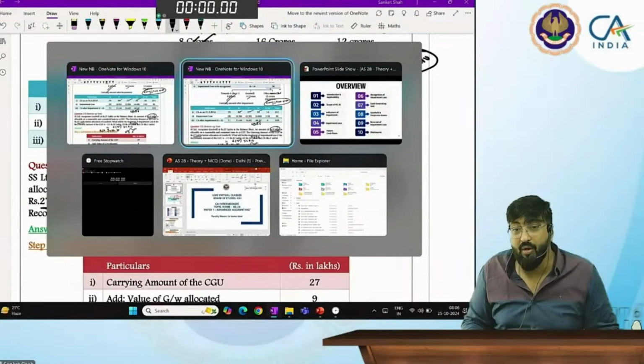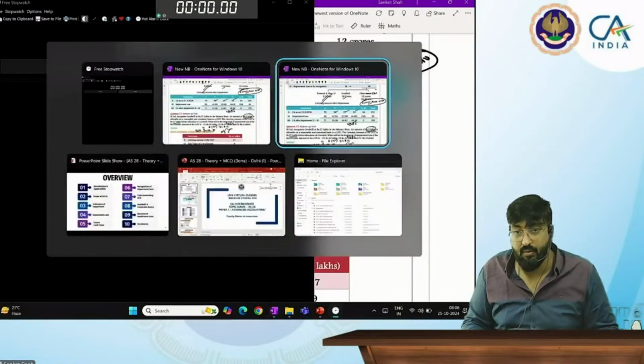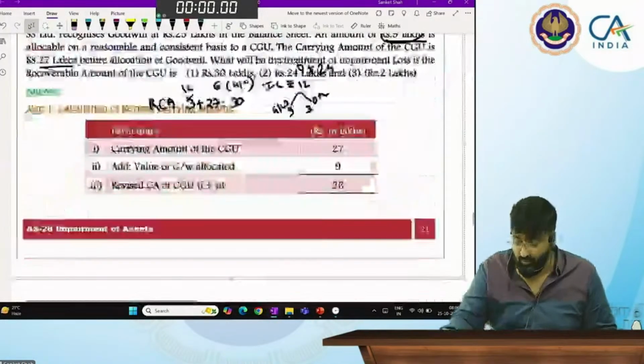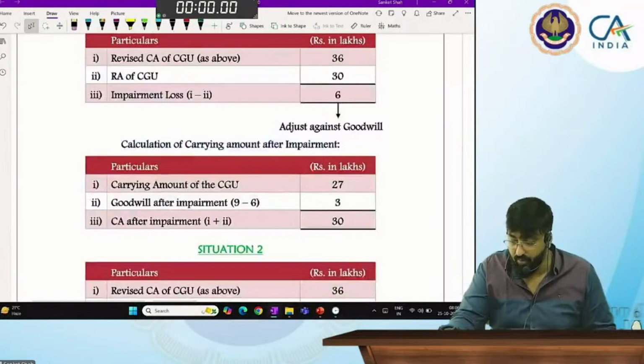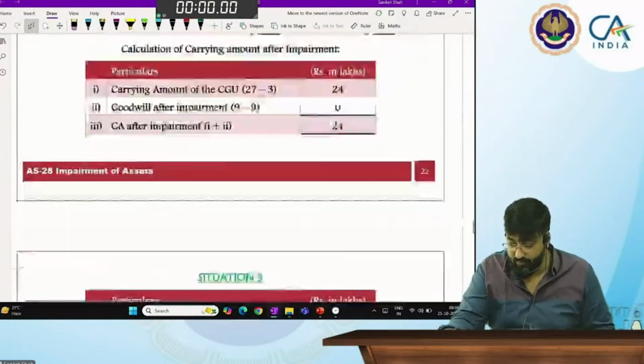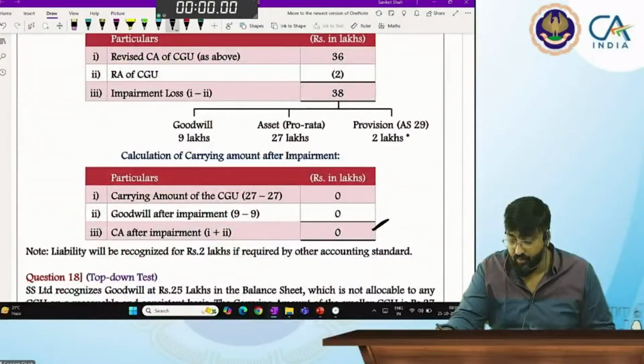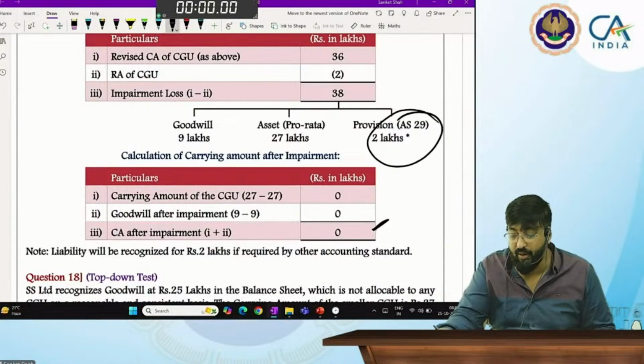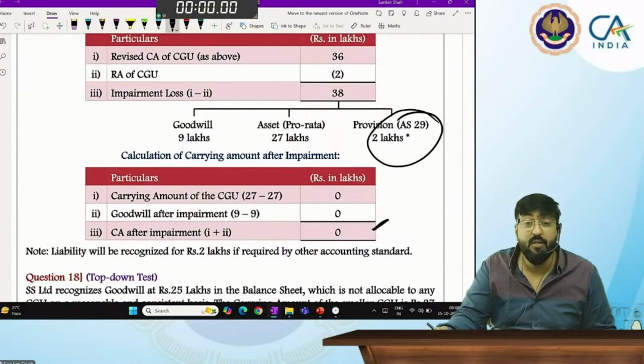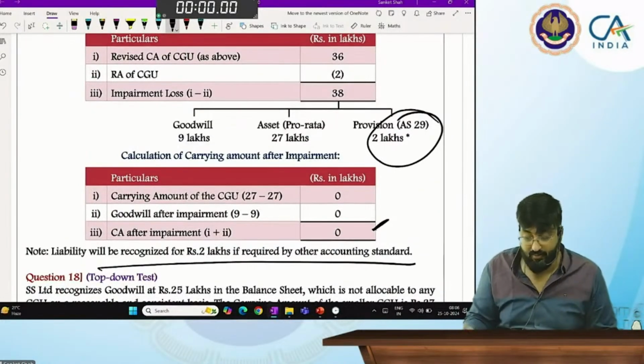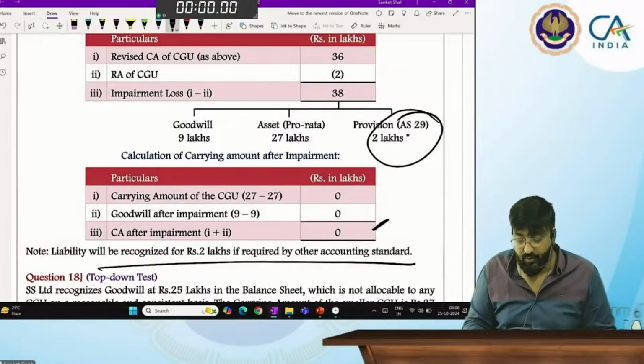So we will not record impairment loss more than 0, but we will record it as a provision with another accounting standard. What can we record it as? Provision against another accounting standard.